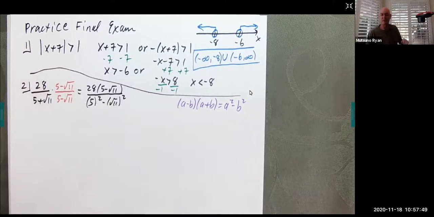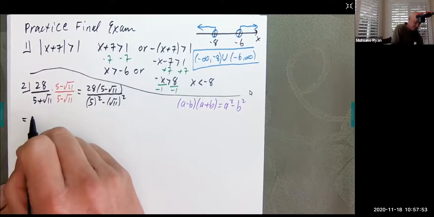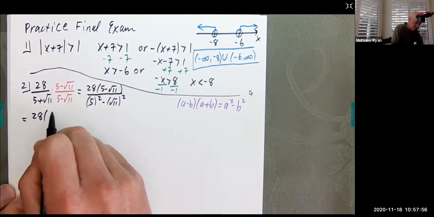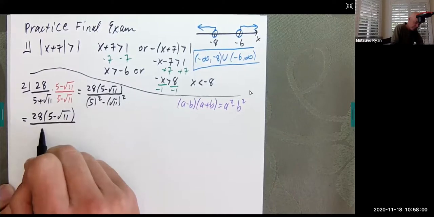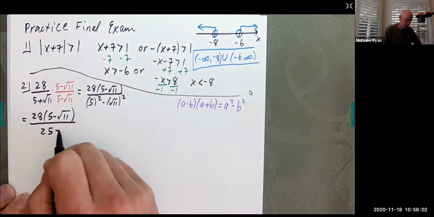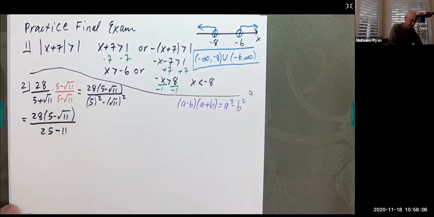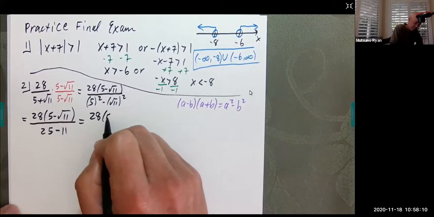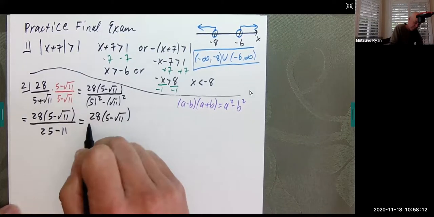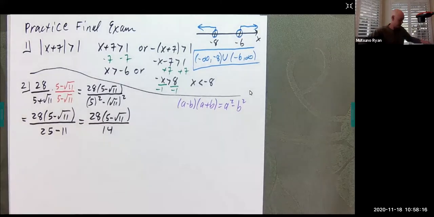I'm going to leave that 28 out in case it reduces with something in the bottom, which I think it does in this case. So 5 squared is 25. Root 11 squared is just 11. And I'm glad I left that 28 out because it looks like it's going to reduce here.